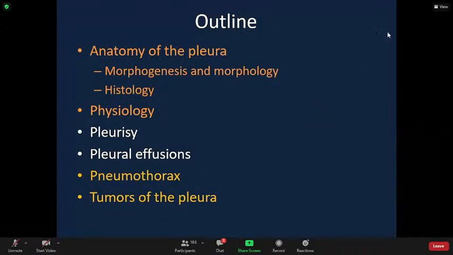So, of course, during your basic preclinical training, you must have gone into detail about the structure and function of the pleura, and therefore we will not be covering those aspects in detail today.